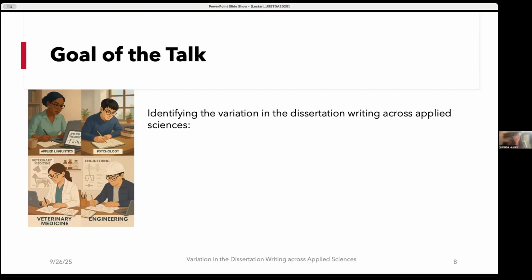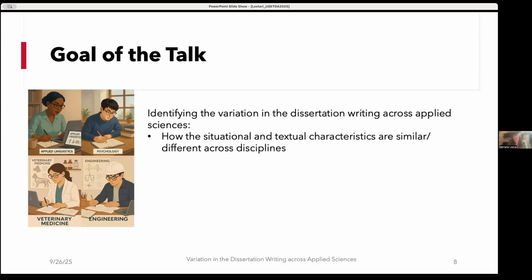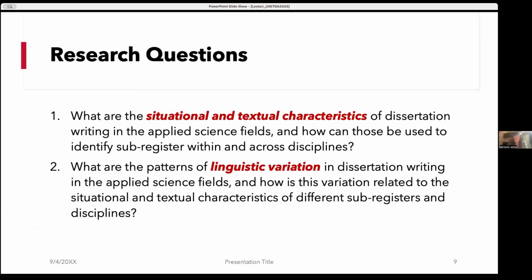The goal of my talk is to identify the variation in dissertation writing across applied science fields, and this will be divided into looking at the situational and textual characteristics across disciplines and the linguistic patterns within and across disciplines. These are my 2 research questions.